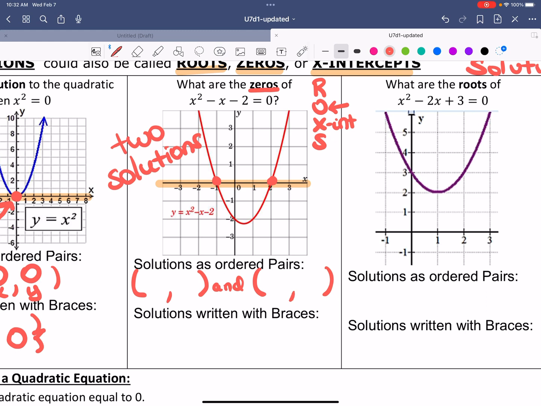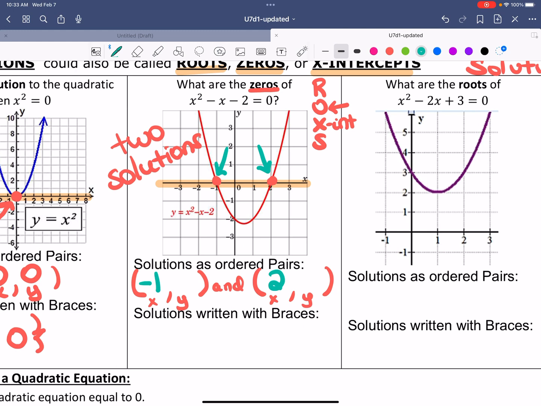We're going to label them x and y, and we're going to go in order from left to right. On the left side, you can see it crosses the x at -1. You need to be sure to put that number in the x spot. Then on the right side, it crosses at 2.